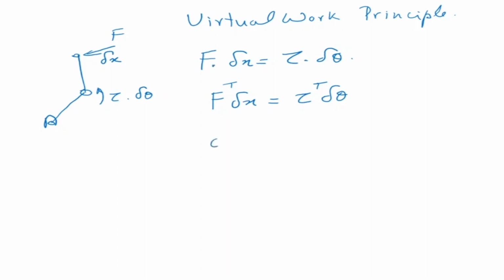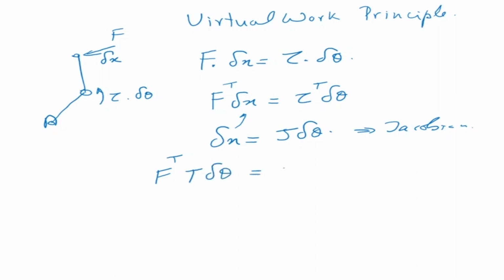Now we know that del x is equal to J into del theta. This is from the Jacobian that we derived. So if I put it here, it becomes F transpose into J into del theta is equal to tau transpose into del theta.